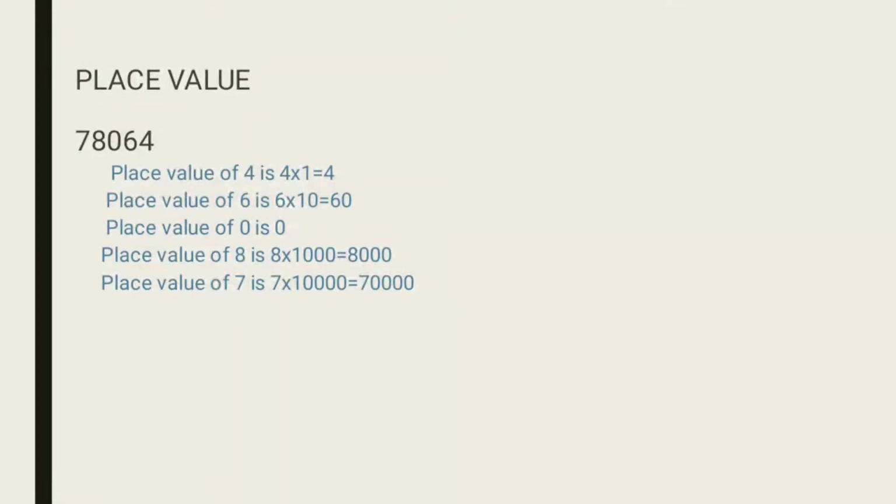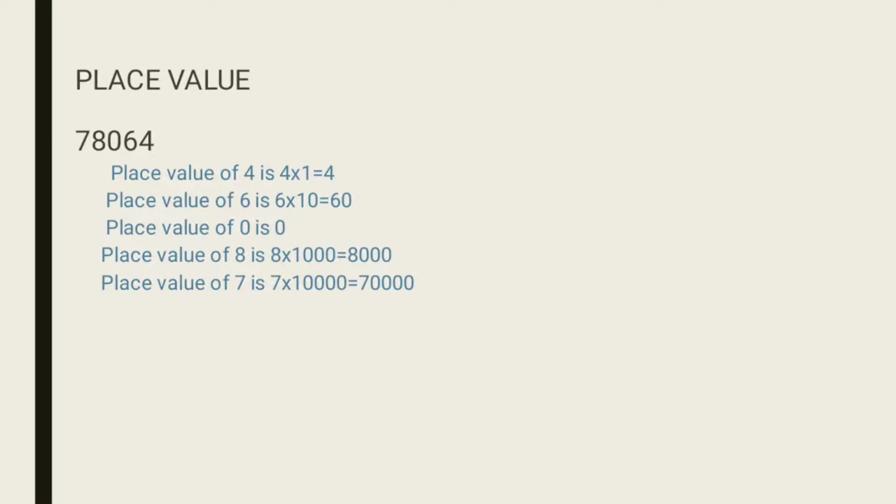Now next comes place value. As we studied, we have to multiply the digit itself by the base value of that place. Here is an example. The number is 78,064.